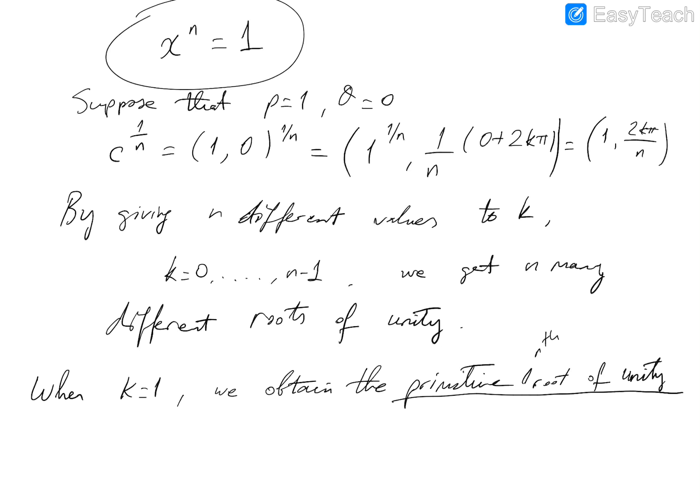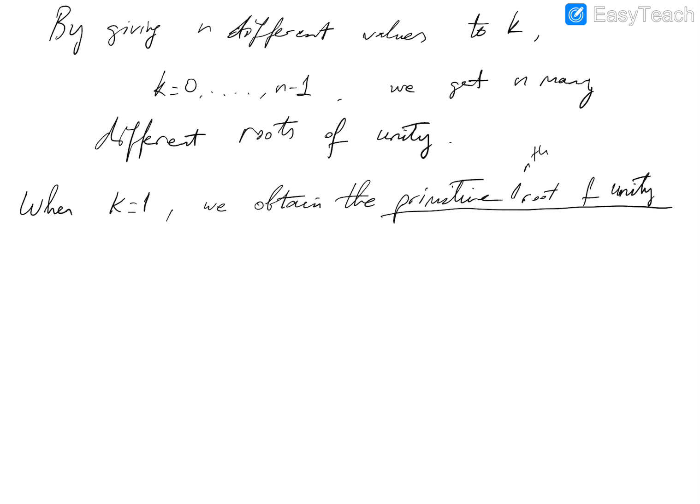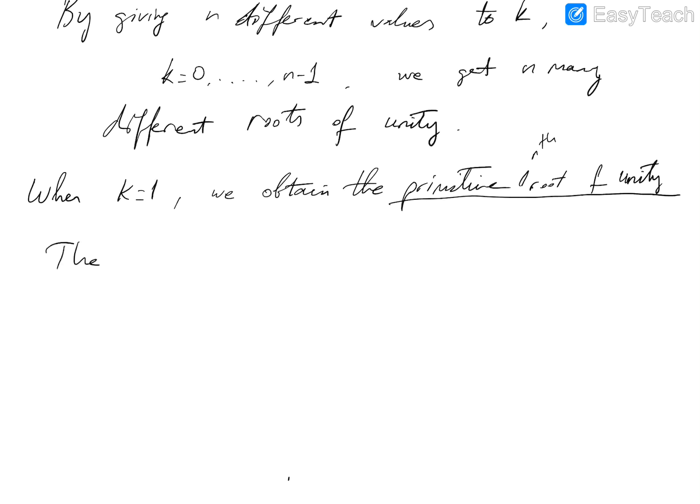The kth nth root of unity in the exponential form is simply written as e to the power 2 pi i k over n.